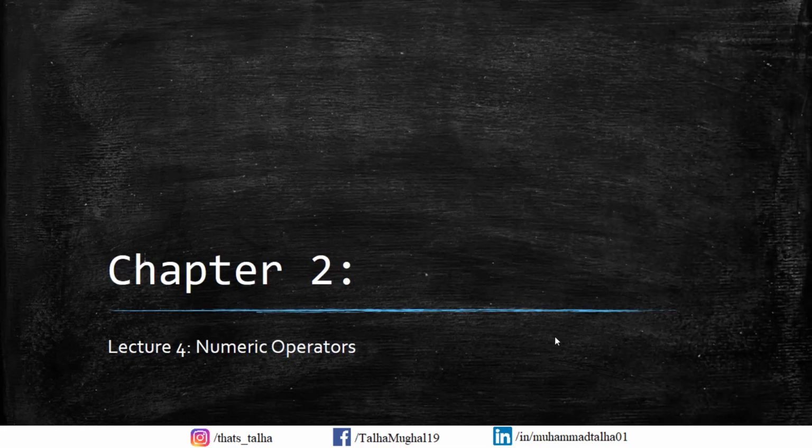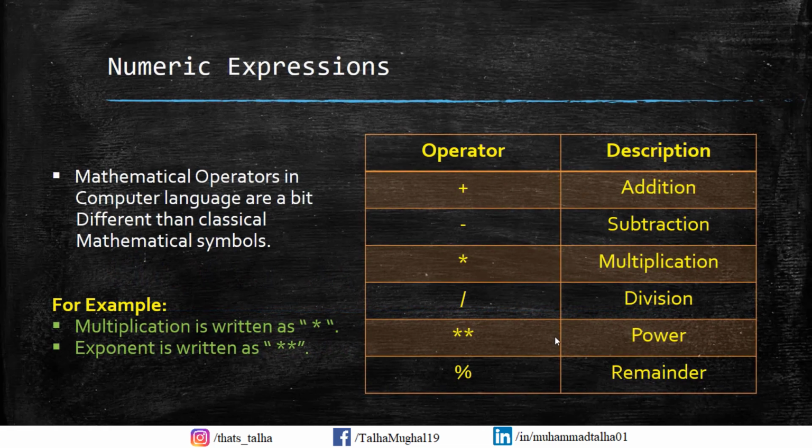When we use Python, we will often have to deal with mathematical expressions. And in order to solve those mathematical expressions, we will have to use numeric operators. So in this lecture, we are going to discuss the numeric operators in detail. Mathematical operators in computer language are a bit different from classical mathematical symbols.